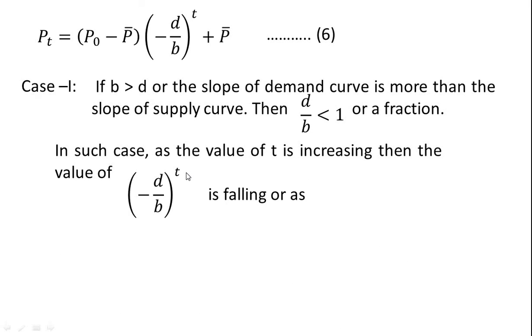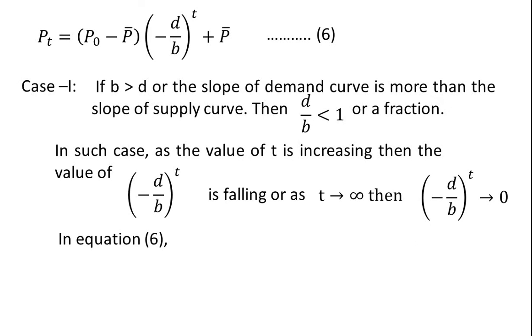In such case, as the value of t is increasing, the value of minus d by b to the power t is falling. Since d by b is a fraction, as the power of a fraction increases, the overall value decreases, and so as t tends to infinity, minus d by b whole to the power t tends to 0.